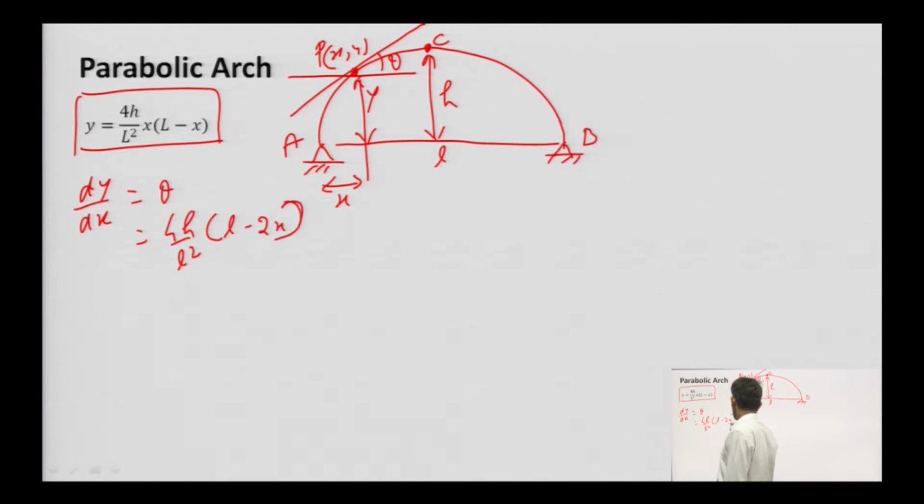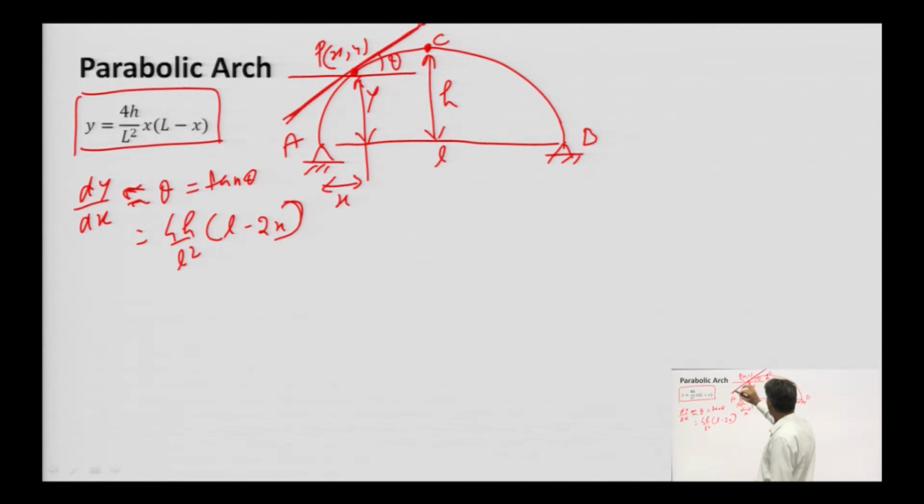By putting the value of x and y, we can calculate the value of theta. This is tan theta. If theta is small, then it is equivalent to theta. Otherwise, by doing tan inverse of this, you can calculate the value of theta.